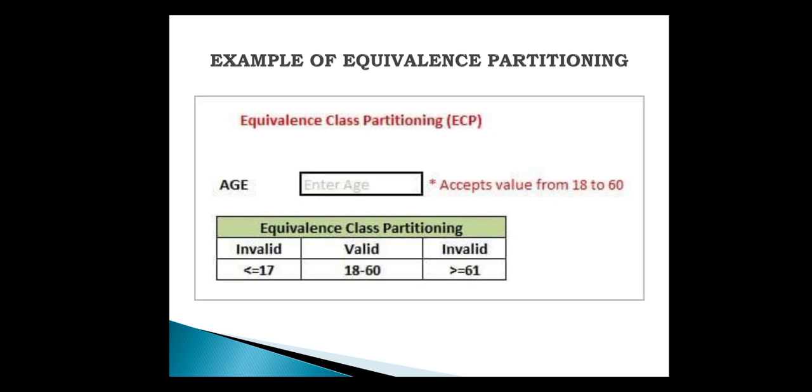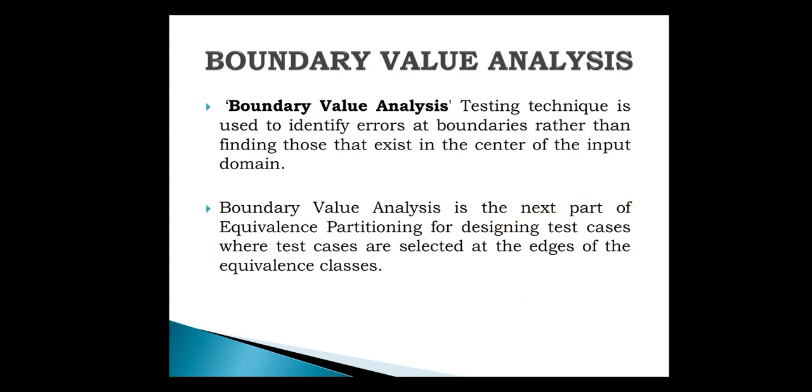Your overall coverage is then complete. By using only three test cases, we can check the overall range of test inputs. This technique is very efficient, that's why it's called equivalence partitioning.